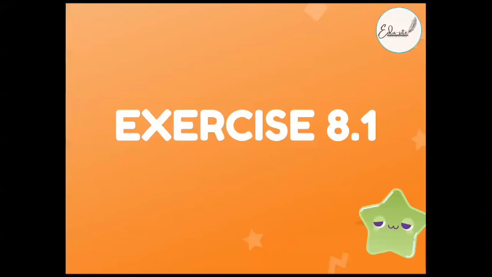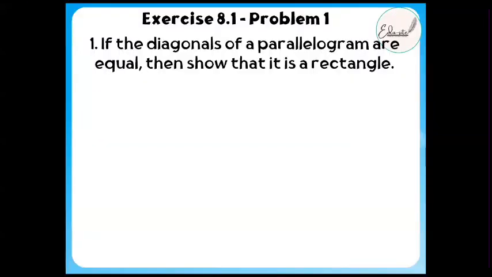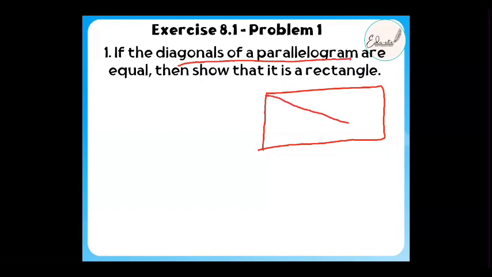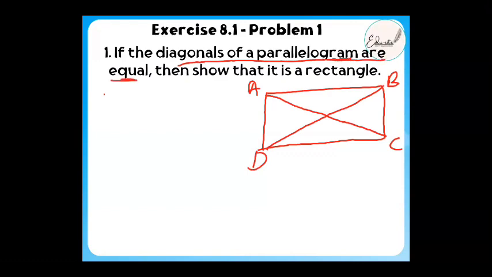So today you will see the exercise problems. The first problem that we have over here is: if the diagonals of a parallelogram are equal, then show that it is a rectangle.